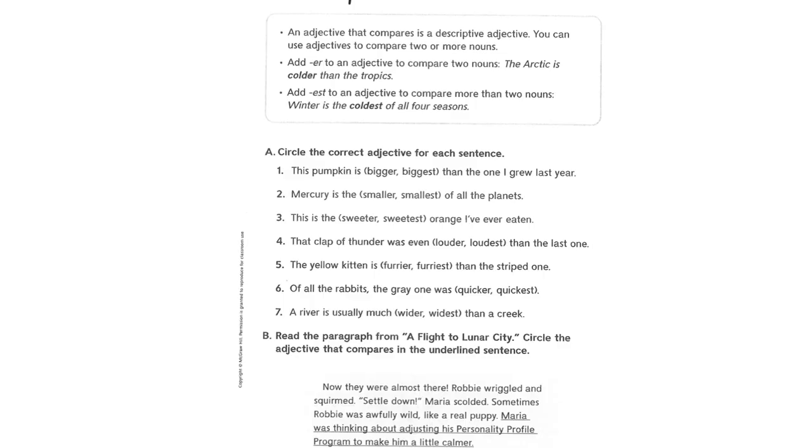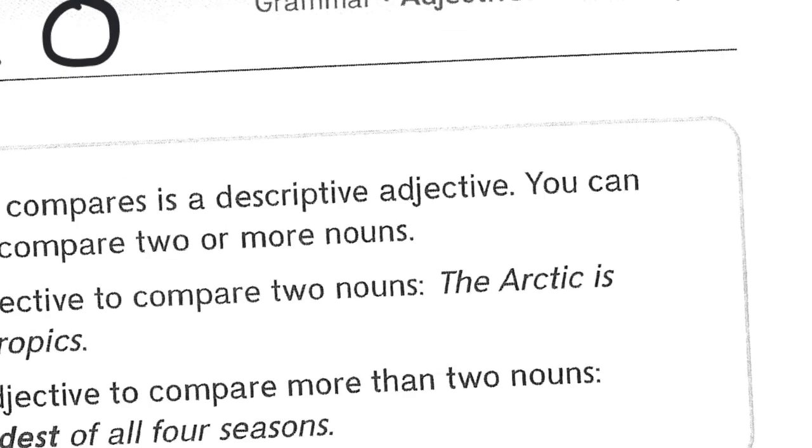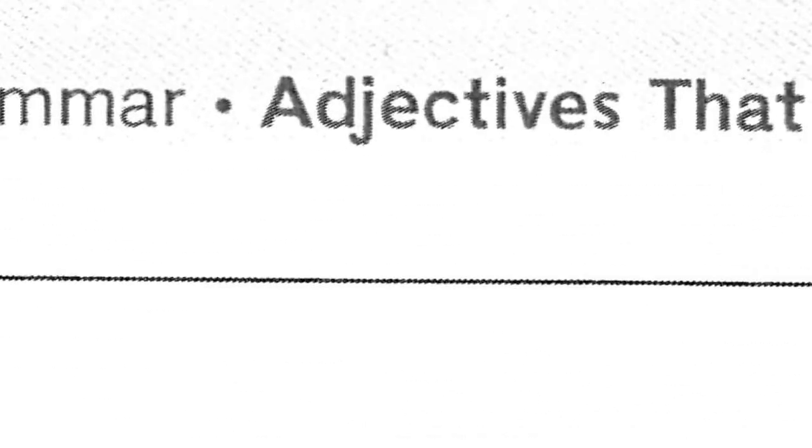Now that we've done that, let's focus a little bit on adjectives, okay? What do adjectives do? Hopefully you remember from the last time you discussed them that adjectives describe nouns, okay?